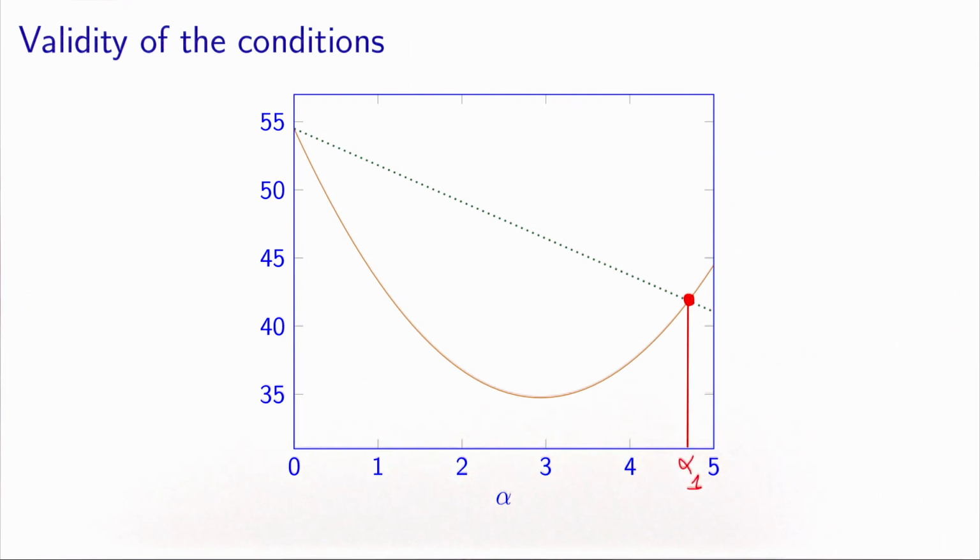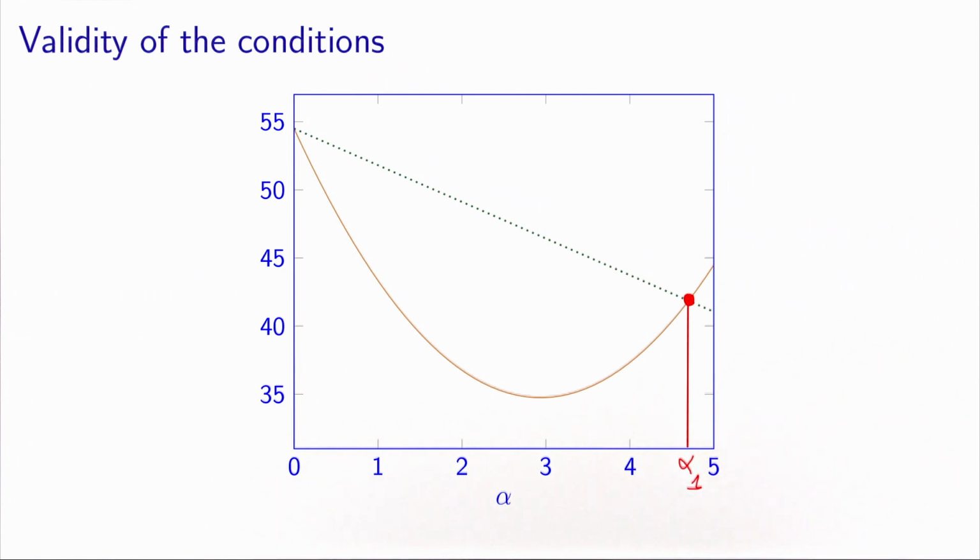Now we will use a result called the mean value theorem. Because the function is differentiable in this interval, there is somewhere between 0 and alpha 1 a value of alpha, which we will call alpha 2, such that the slope of the tangent of the function is the same as the slope of this line.